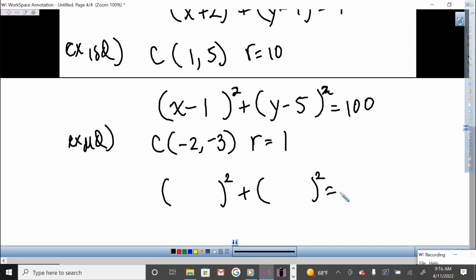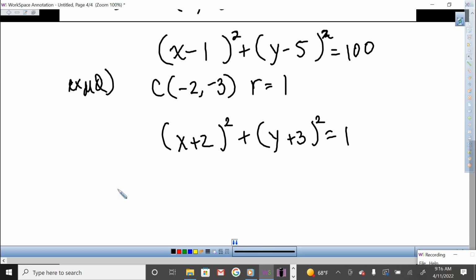Okay, good conversations. Maya, pass someone. Pedro, go. X plus 2 squared plus y plus 3 squared equals 1. Hands if you got that. Okay. All right, let's go to example 2Q.